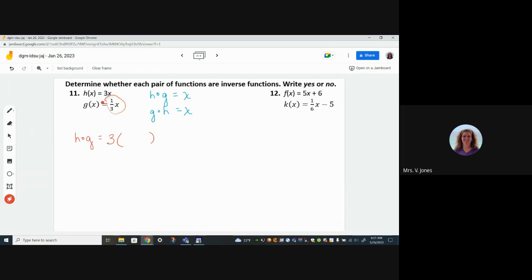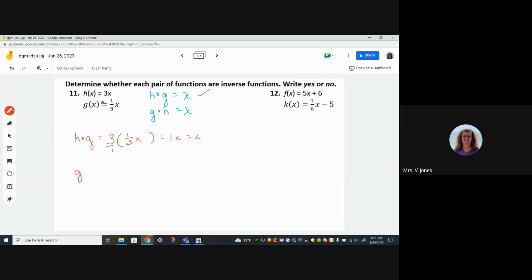So function g is going to get plugged in to function h. All right, so when you work that out, 3 over 1 times 1 over 3 ends up being 3 over 3, which is 1, times x, which is x. So when you're looking up here, h of g, so far, so good.